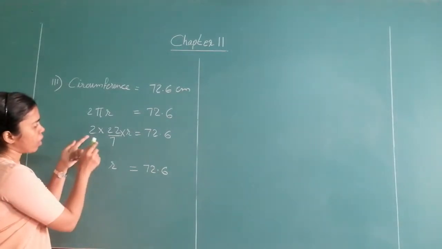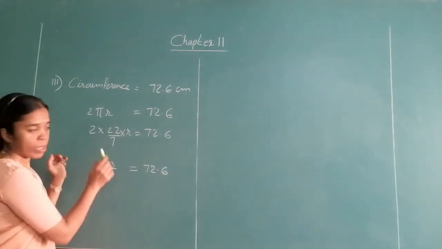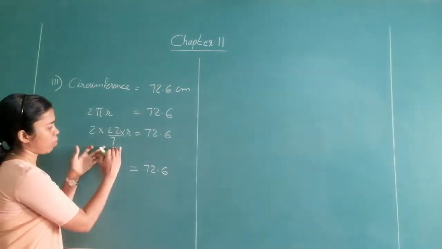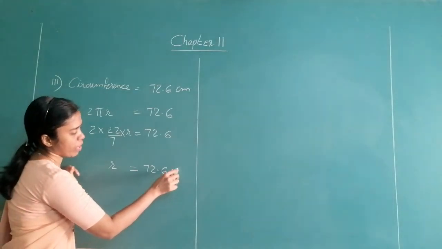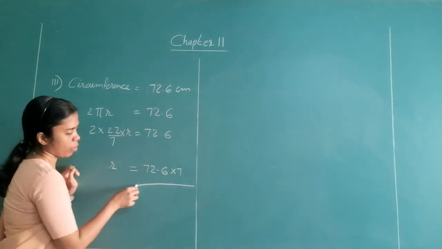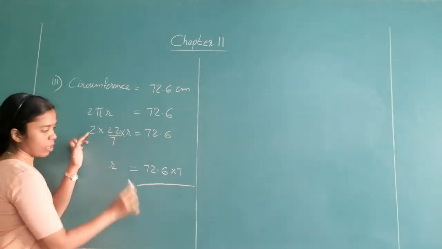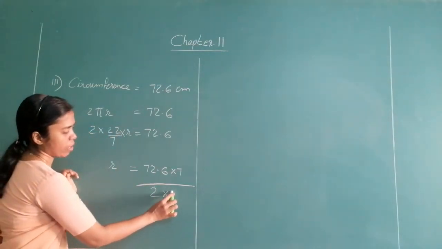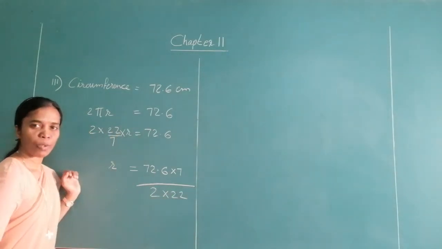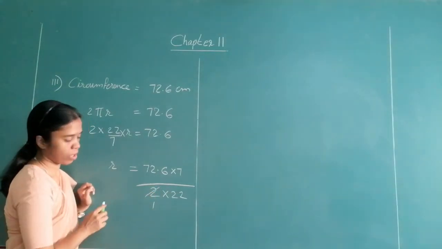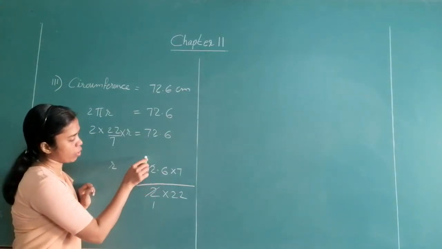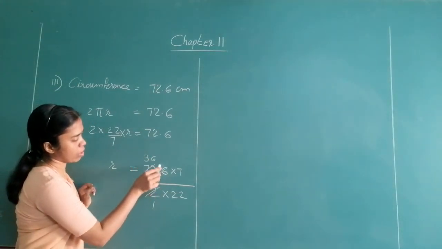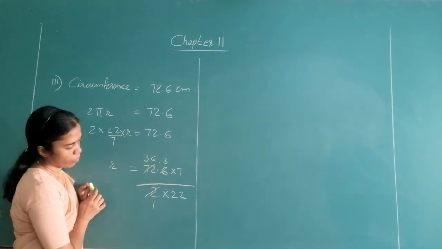72.6. What is in the denominator? Whatever is in the denominator will come in the numerator. Only 7 is there. So 7 will come in the numerator upon what was there in the numerators? 2 and 22. Now you reduce it. 2 ones are 2. In 72 it will be 36.